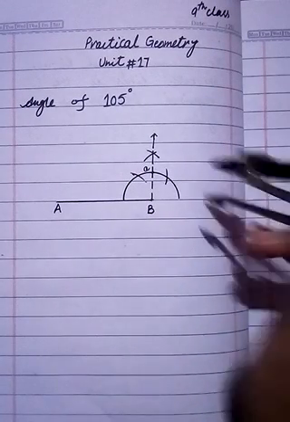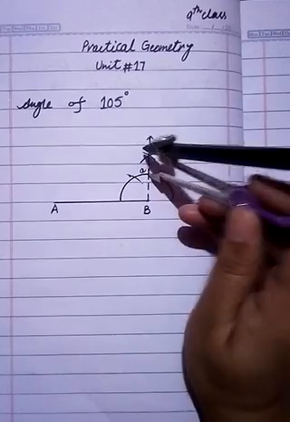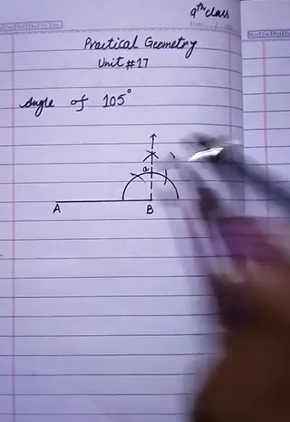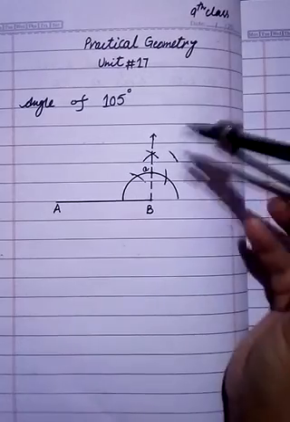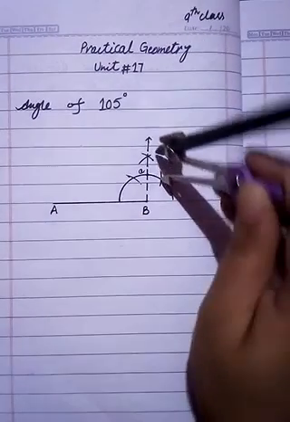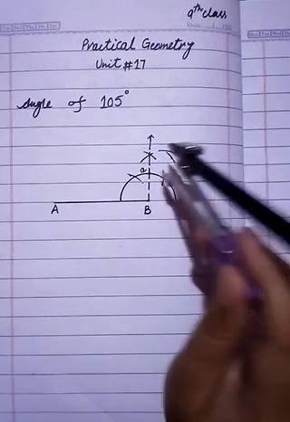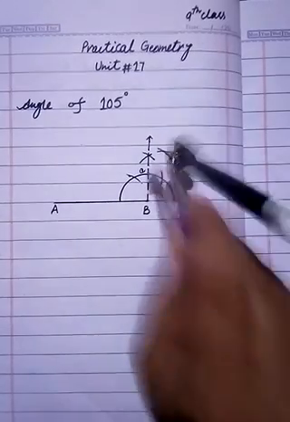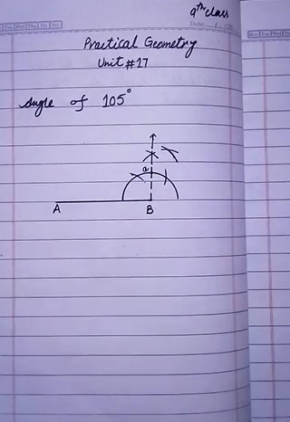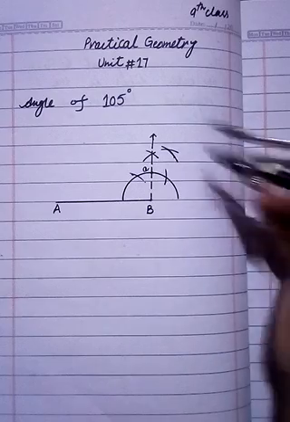Now, you have to put the compass at 90 degree and draw the first arc. Now, you have to put the compass at 120 degree and draw the second arc. Now, you have to extend this arc at 90 degree. Now, check that both arcs intersect at this point.